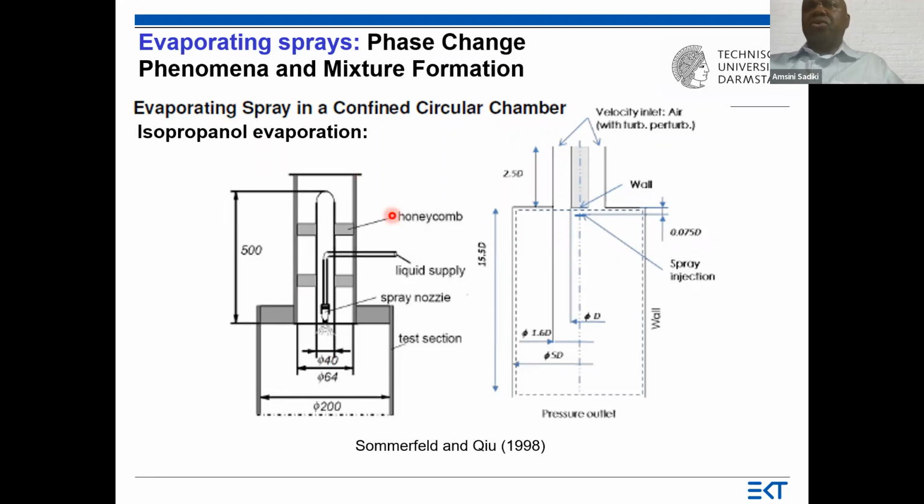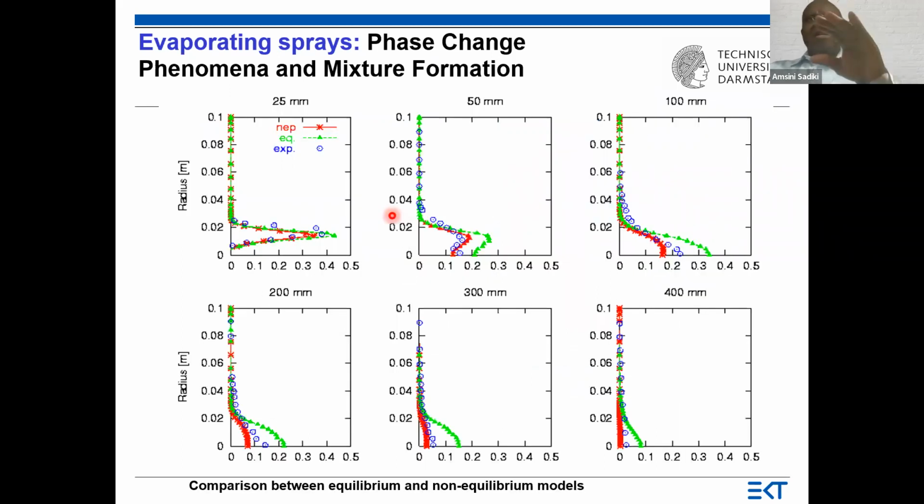It is the so-called Sommerfeld configuration, but this was carried out by using LES. And here we also compare the outcome using the non-equilibrium model and the equilibrium model. And we will see here the difference.